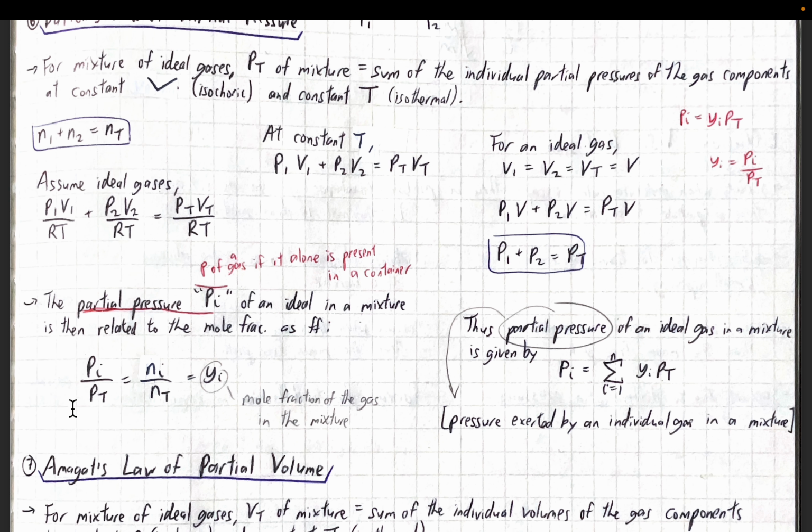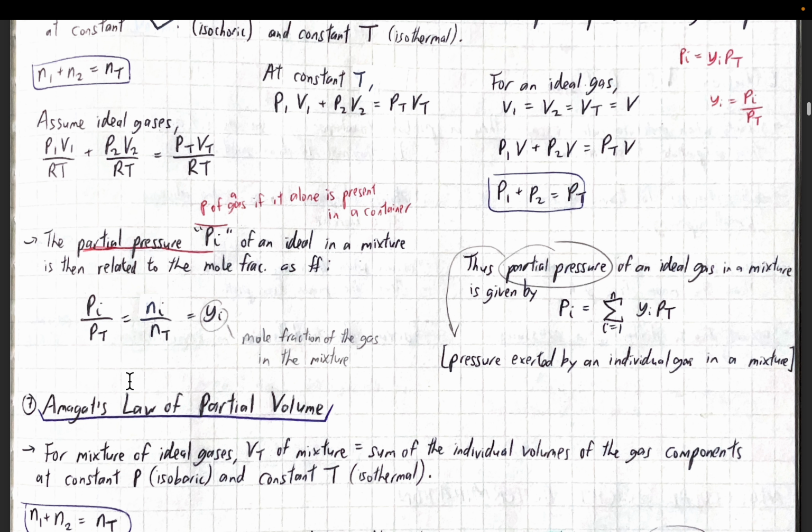In the context of what's written here, the P becomes n. And yes, we are under the assumption that the pressure of a gas is its partial pressure if it alone is present in a container. There shouldn't be any other gases here.